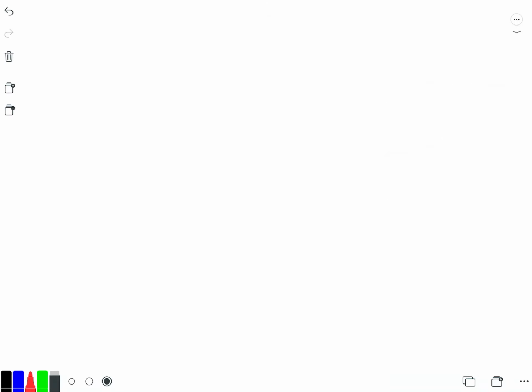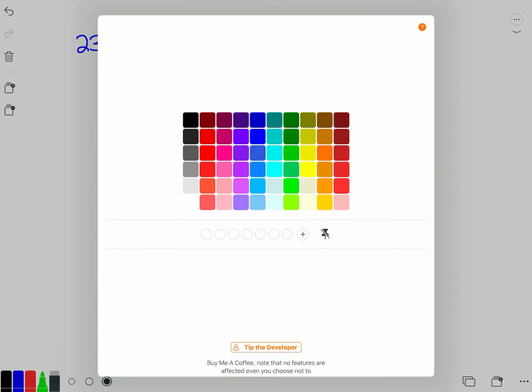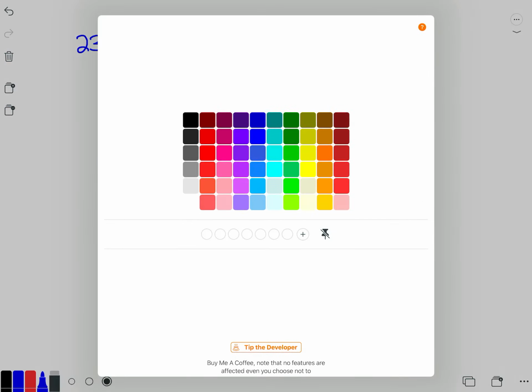Okay. Let's try a larger number, like 23, and it's going to divide the number 687. How many times can I fit a group of 23 into the number 687?